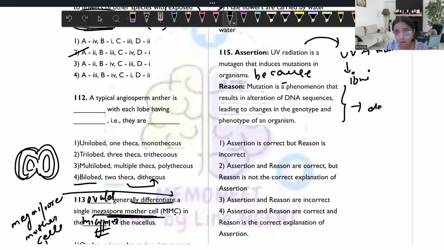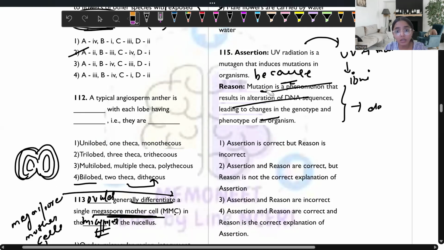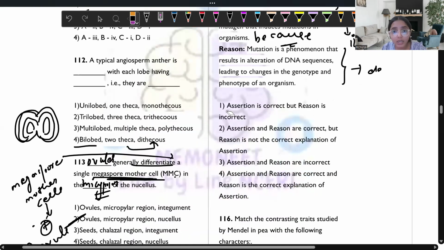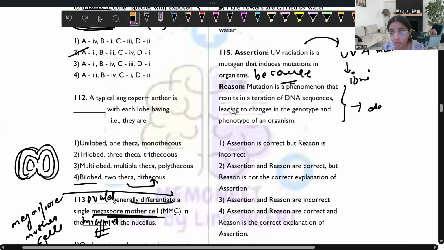When you insert a "because" and read the statement after that, you will understand whether it is explaining it correctly or not. UV radiation is a mutagen that induces mutations in organisms because mutation is a phenomenon that results in alteration of DNA sequence leading to change in genotype and phenotype of organism.